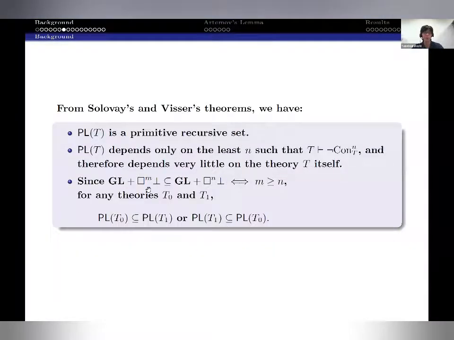So we have this statement. Also, the propositional probability logic of T depends only on the least n such that T proves the negation of conTn, and therefore it depends very little on the theory T itself.